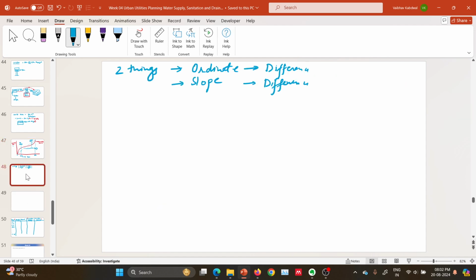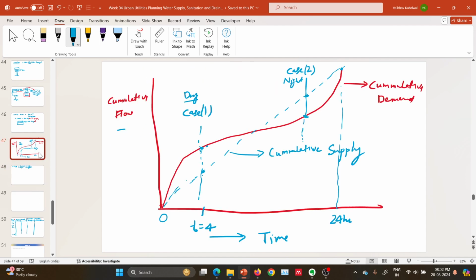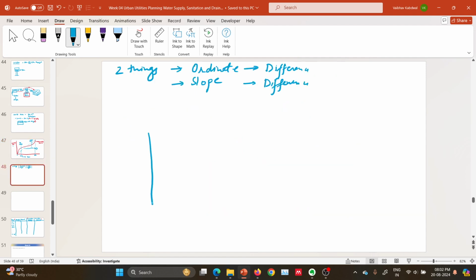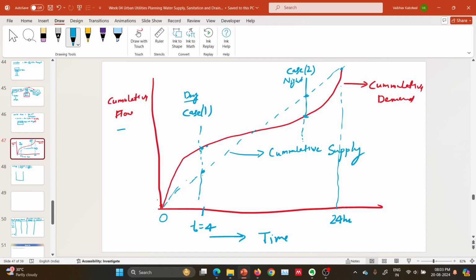Okay, I will try to make this, this is the reservoir I'm making. So at t equals 0, we don't have water in the service reservoir now. Let's assume that.